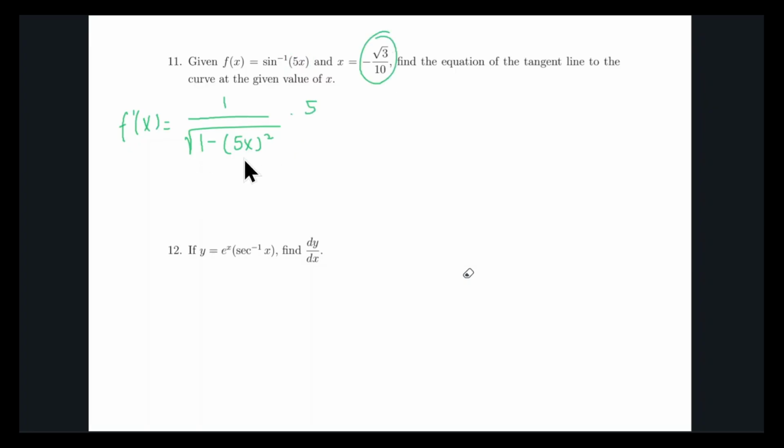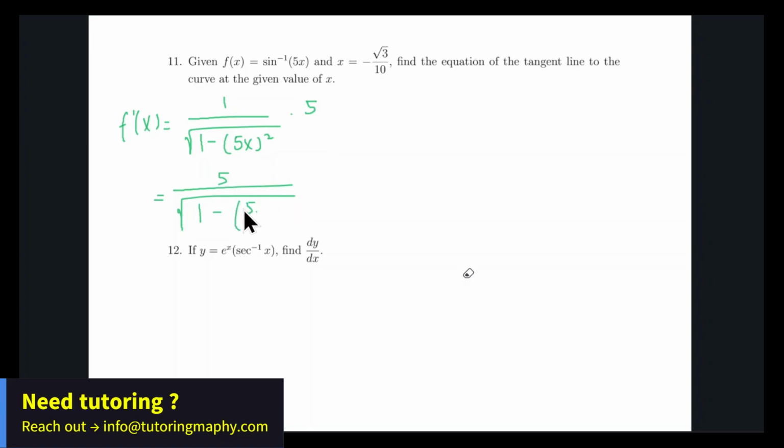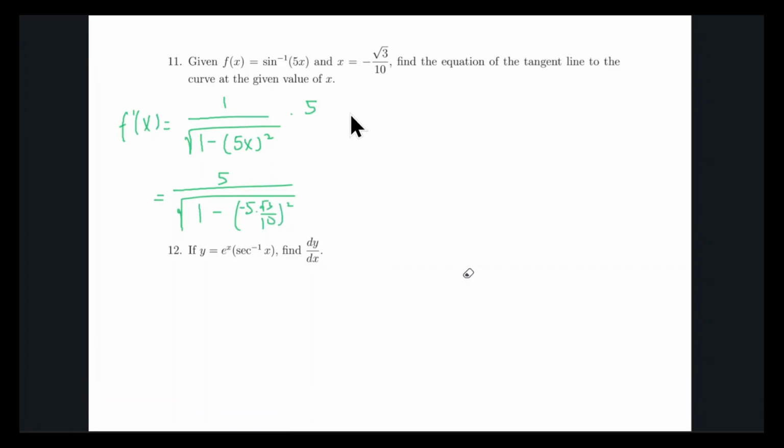And if I put x as negative root 3 over 10 over here, that's going to look like 5 over square root of 1 minus 5 times negative root 3 over 10, squared.